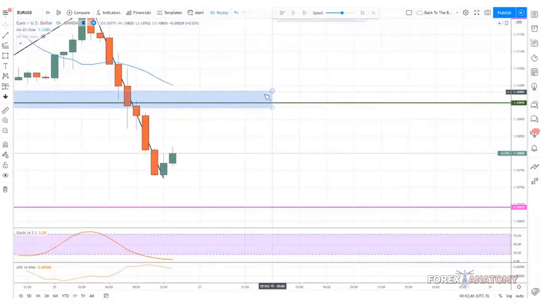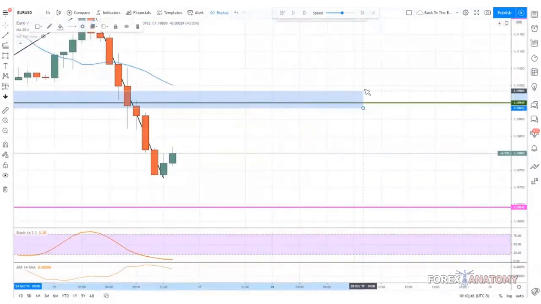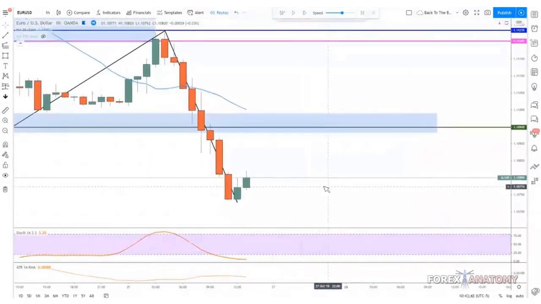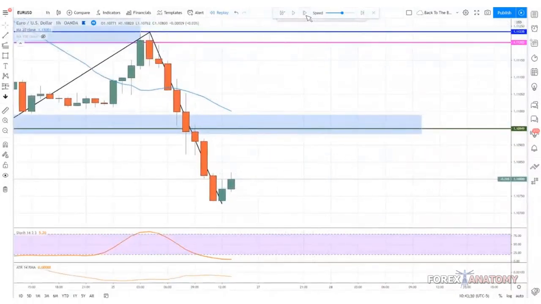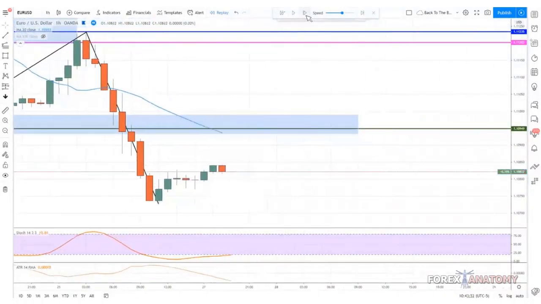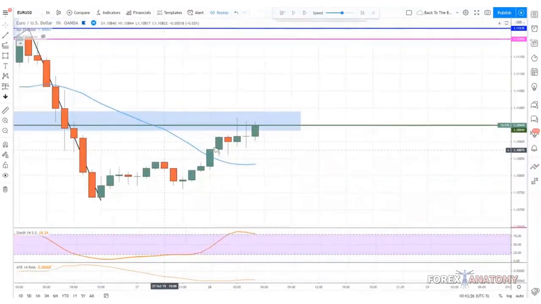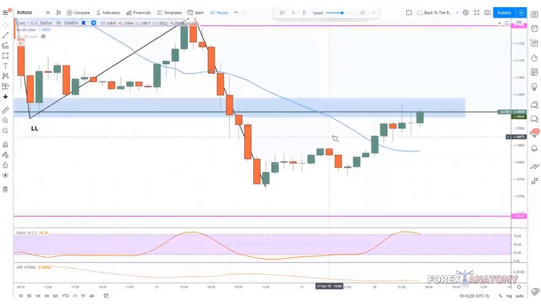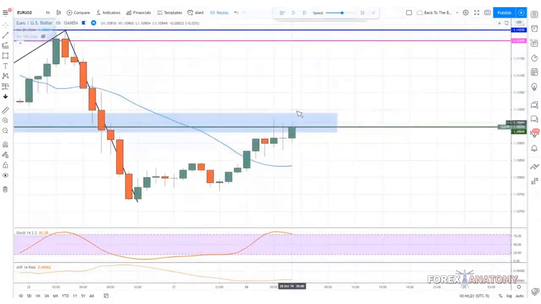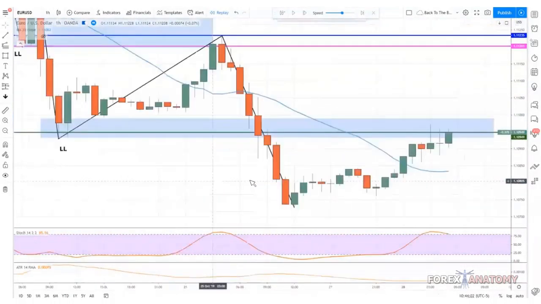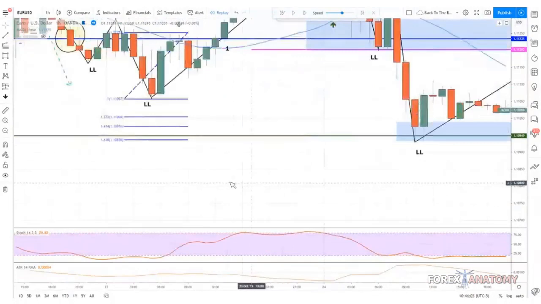So let's see what happens. Let's see if we can get price to go up there. Okay, price hits this area. Now we're looking for bearish confirmation in this zone. And it may push a little bit above it, but we're looking to sell right now. Let's see if there's anything else we can go off of.